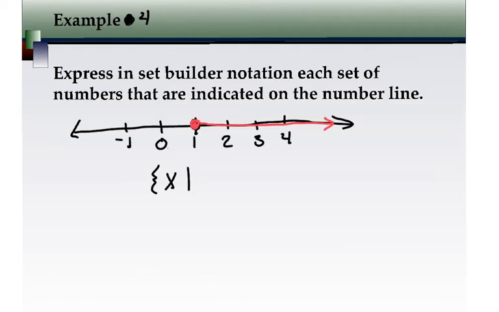So greater than or equal to 1. So x is greater than or equal to 1. And there you go. That is set builder notation for this number line.